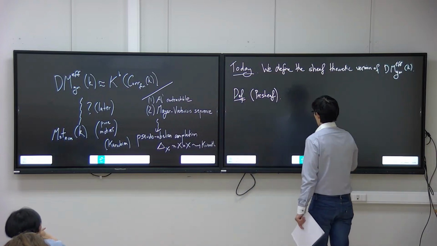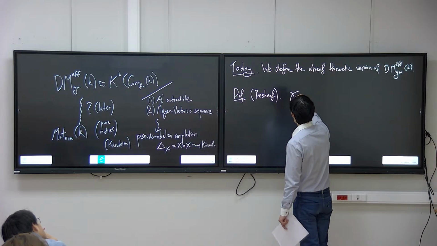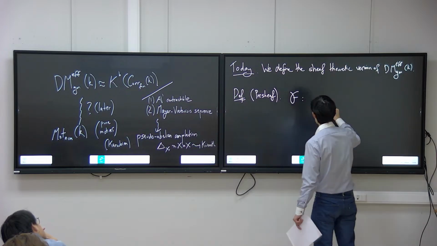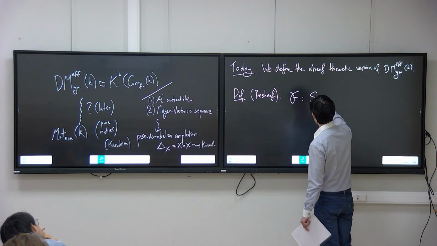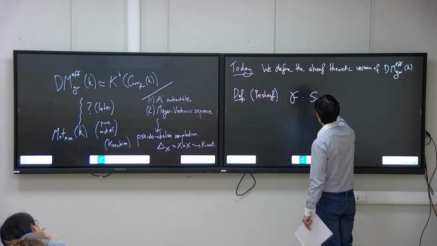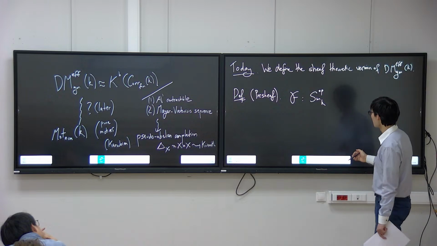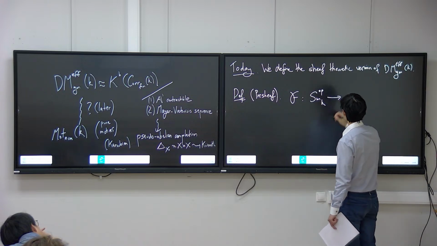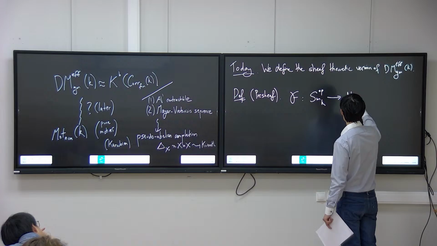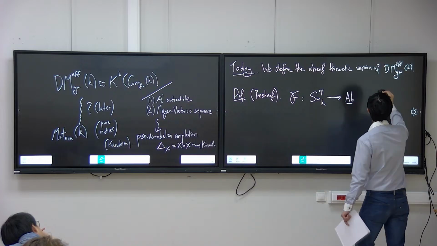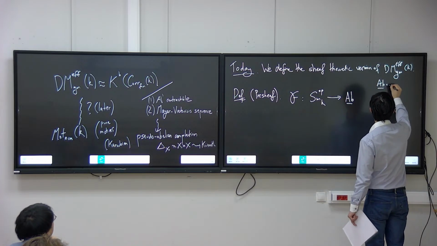You might be tempted to write a presheaf as something from the category of smooth separated schemes to abelian groups, let's say.